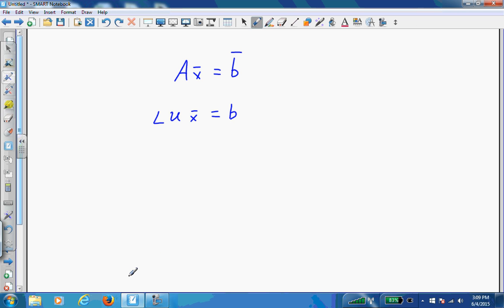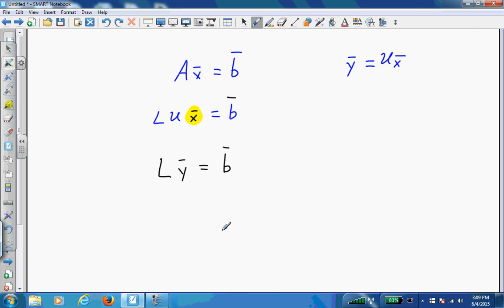So we factor A, we write it as LU. So let's make a substitution. Let's let Y be U times X. Now keep in mind, X is what we're looking for. So we're replacing U times X with Y, and L times Y equals B.